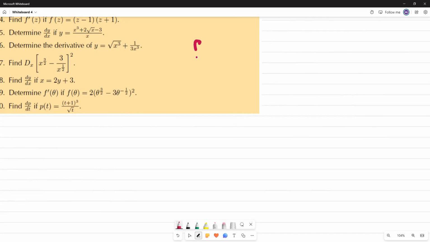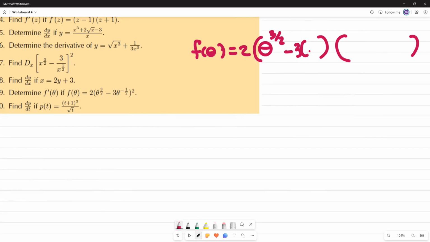We need to simplify. Remember, I said no bracket, so f of theta equals 2. I'm going to make 2 brackets because of the square. So it's going to be theta to the power 3 over 2 minus 3 theta to the power negative half.